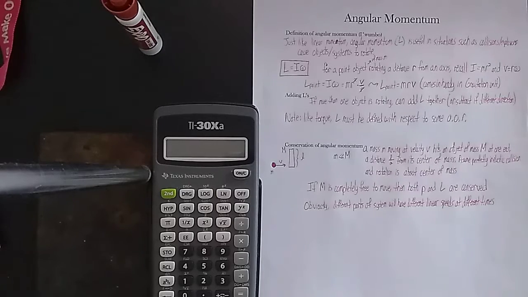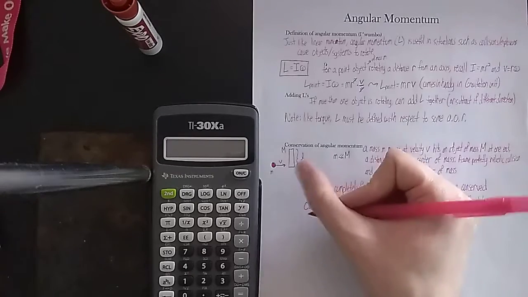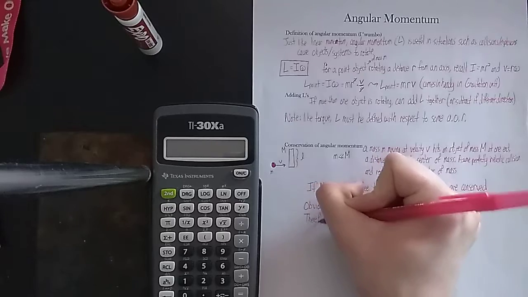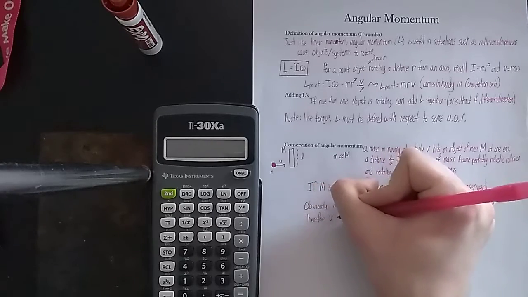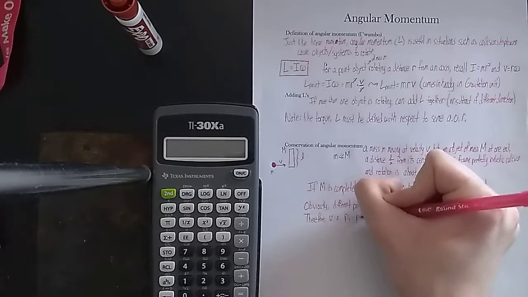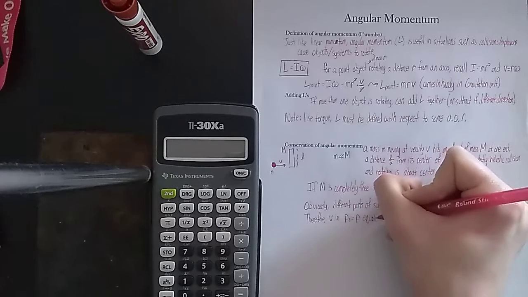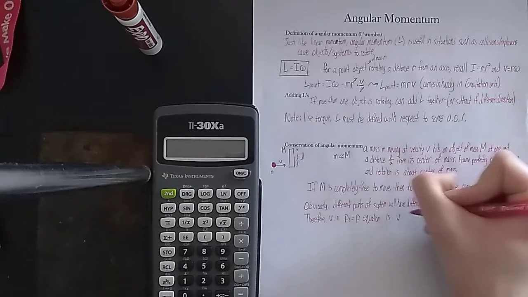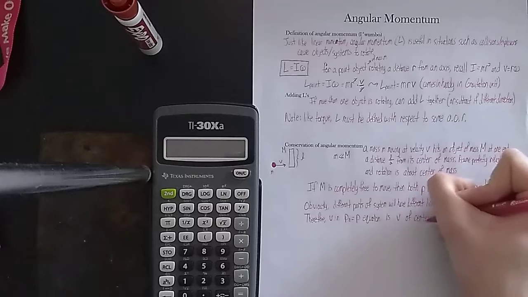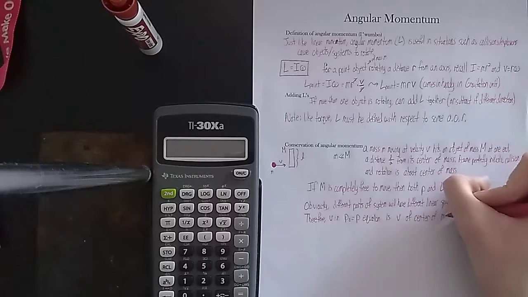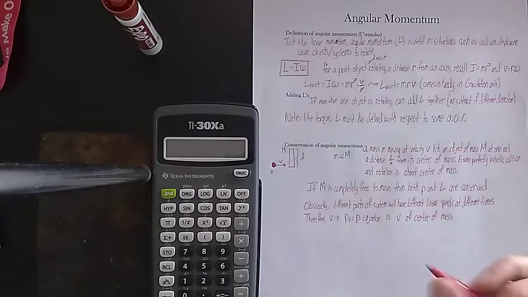So when we go to use the conservation of linear momentum, and we try and find the speed at the end after the collision of the system, we will be finding the speed of the center of mass. So therefore, V in the conservation of momentum equation is V of the center of mass. So, let's start there.